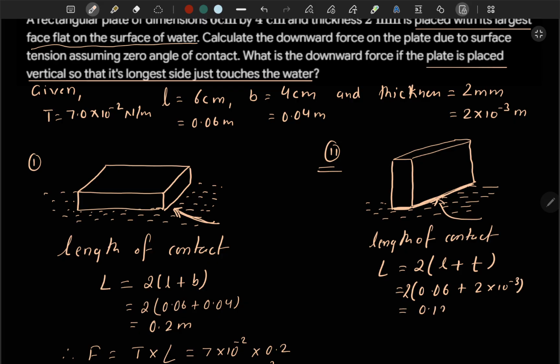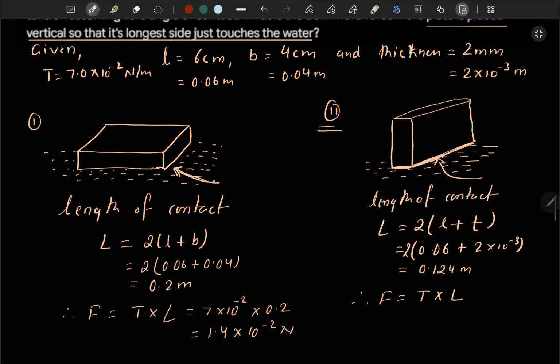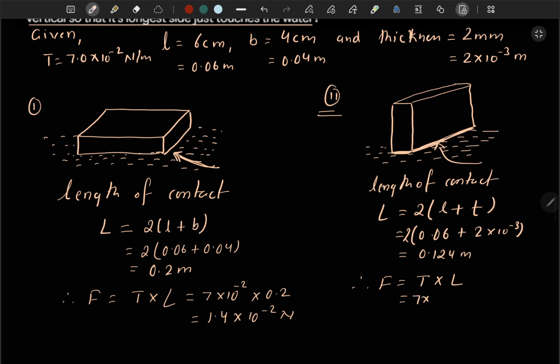This will be equal to 0.124 meter on calculation, and hence downward force is equal to surface tension into length of contact, and this comes to be 7 into 10 power minus 2, surface tension, times length of contact 0.124. This gives 8.68 into 10 power minus 3 Newton. Okay, these are the solutions of the first question in both the two cases.